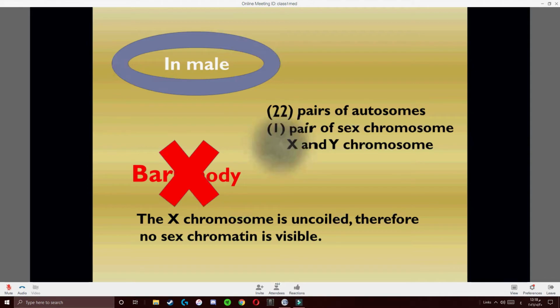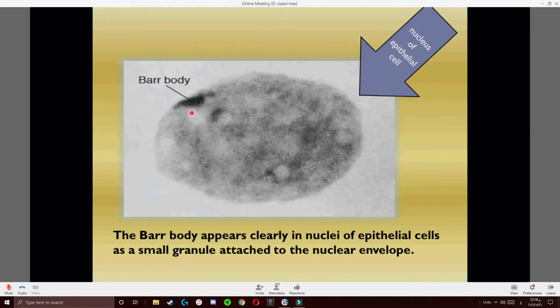The bar body appears clearly in the nuclei of epithelial cells, as small dark-staining granules attached to the nuclear envelope.